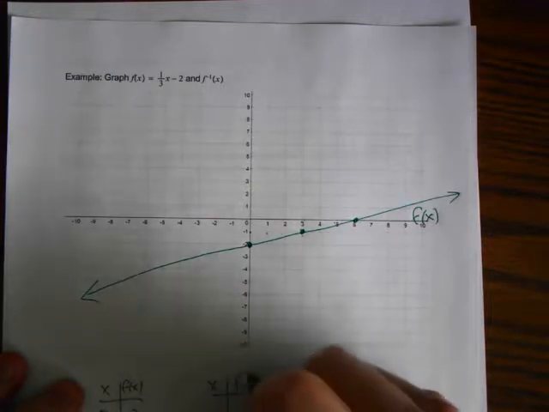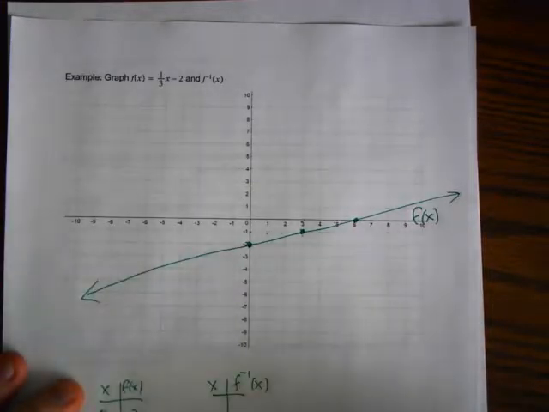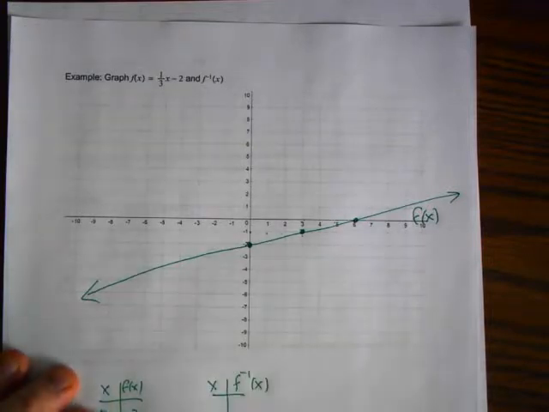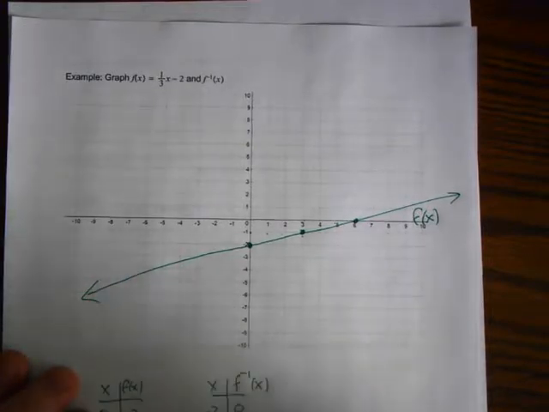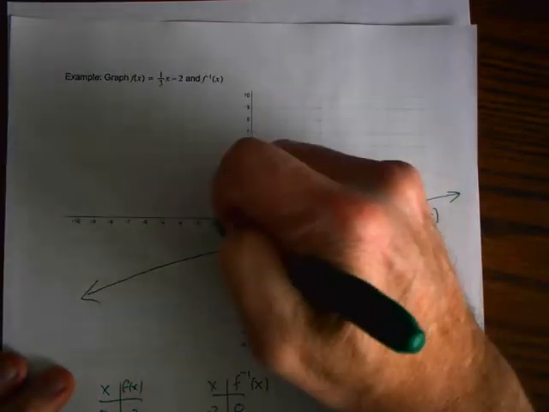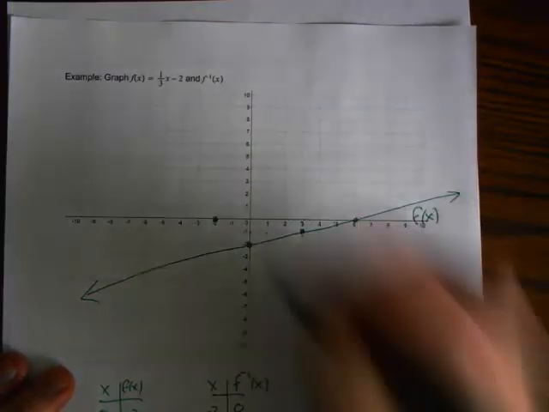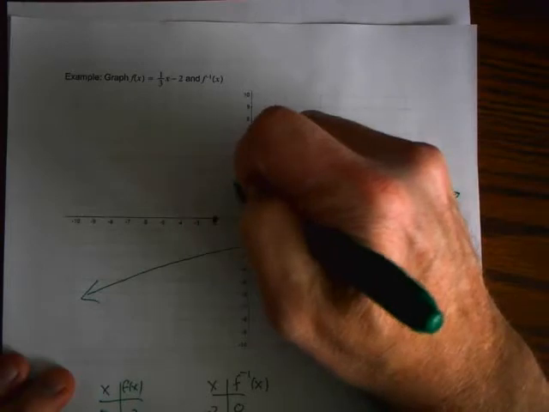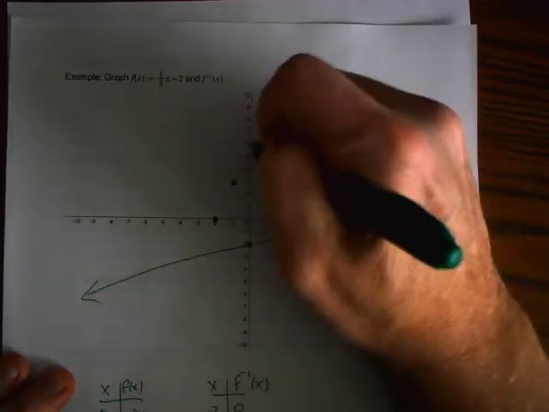What I know is it switches the x's and the y numbers. So if I have 0, -2 here, I'm going to have -2, 0 there. 3, -1 becomes -1, 3, and 6, 0 becomes 0, 6. All right, so I have -2, 0, -1, 3, and 0, 6.